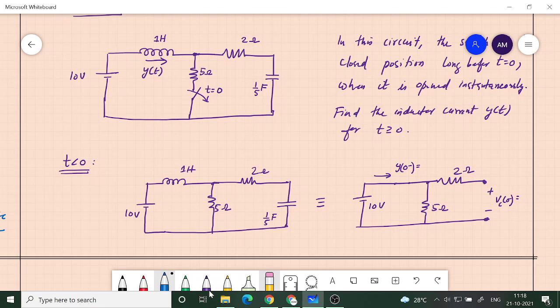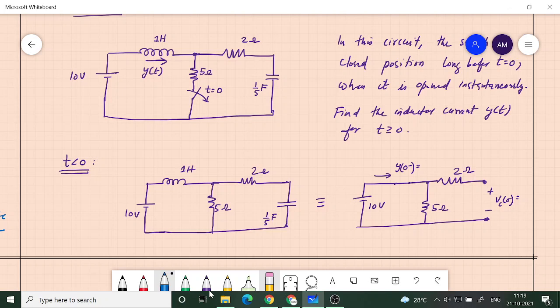It's a very simple circuit. 2 resistor, 1 voltage source. So what is this current, y of 0 minus? Say something, because we have to proceed. Sir, 7 ampere.